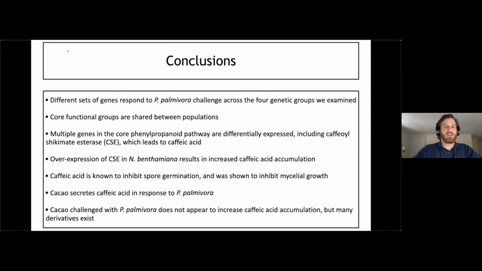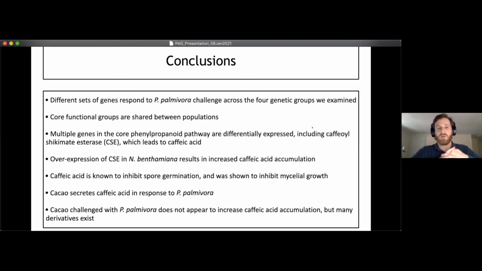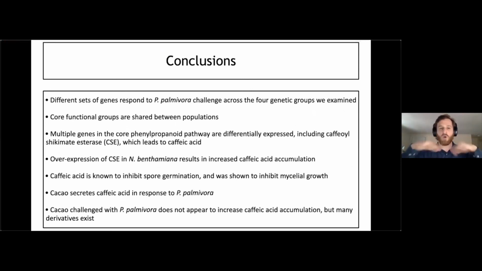So in conclusion, different sets of genes respond to Phytophthora palmivora across the 4 genetic groups that we investigated, but there are core functional pathways that are shared between populations. There are a number of genes that are differentially expressed in this core phenylpropanoid pathway, and I showed you results for some characterization of just one of them, caffeoyl-shikimate esterase.